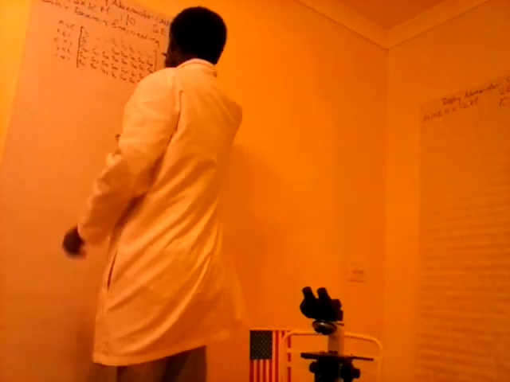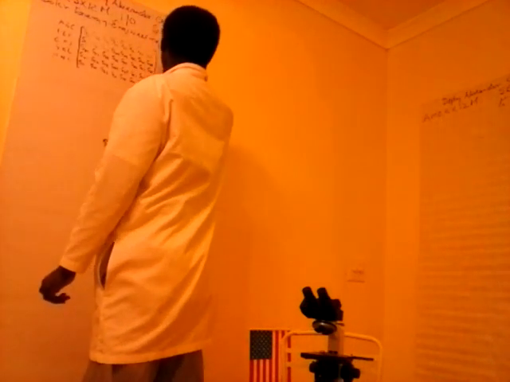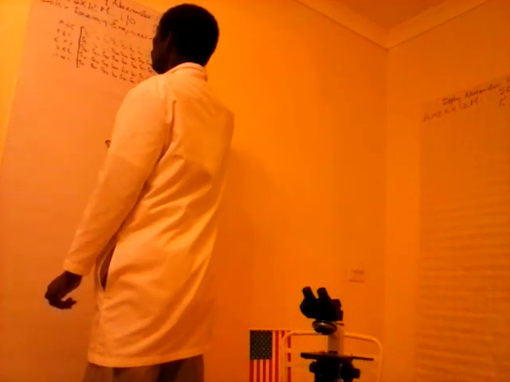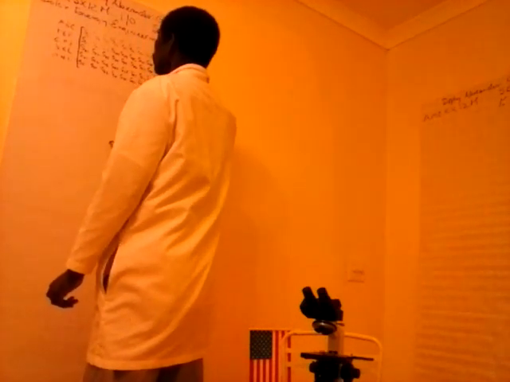And once again, we have solar A, solar B, solar E, solar H, solar K, and solar N.